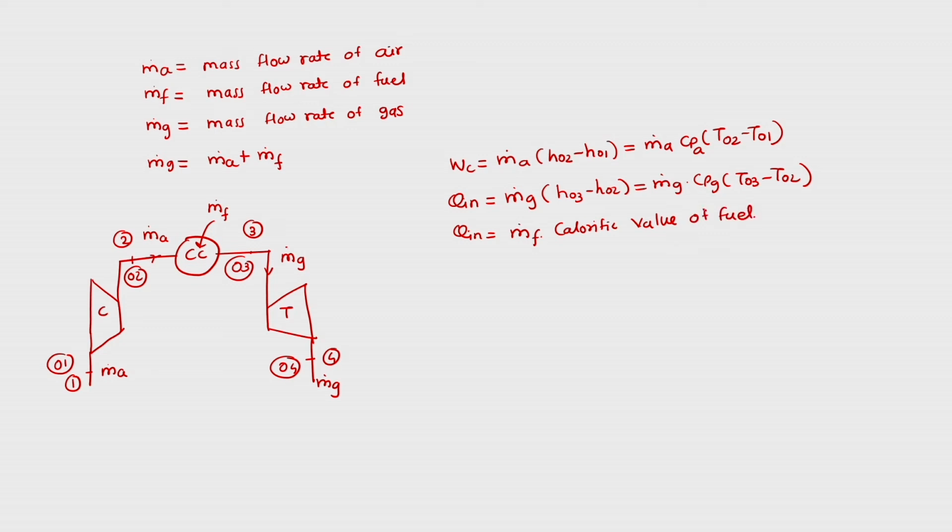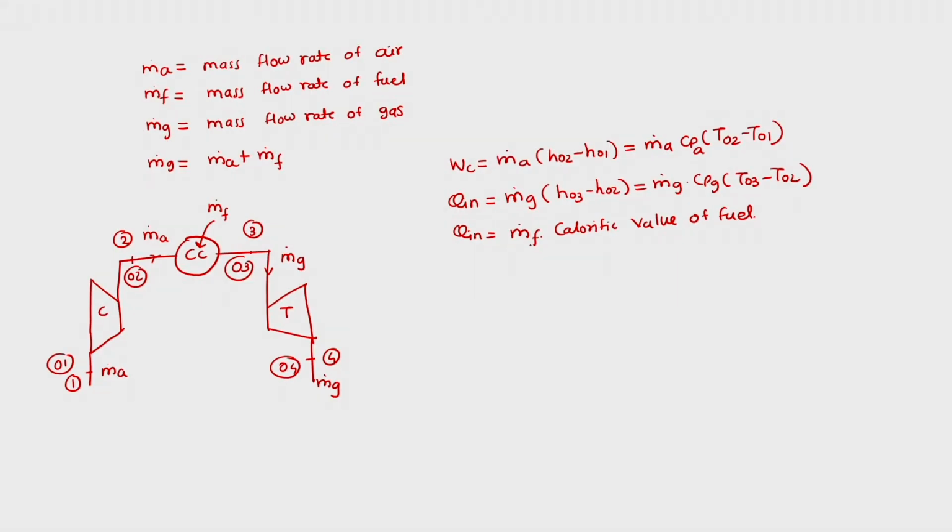If we know the calorific value, which is the amount of heat liberated by burning 1 kg of fuel, then from the amount of fuel burnt we can get Q dot in, which is in watt. The turbine work, in watt again, would be m dot g into h naught 3 minus h naught 4, so it is m dot g into Cpg into T naught 3 minus T naught 4.